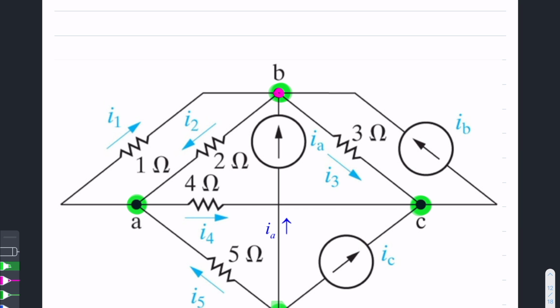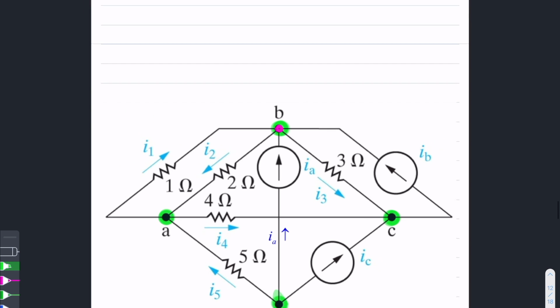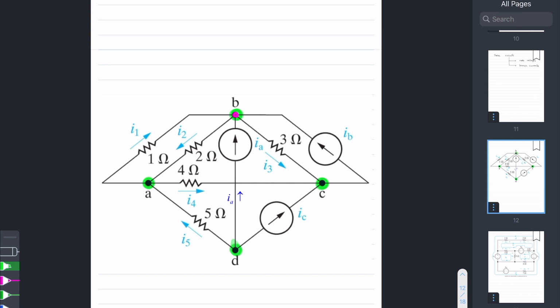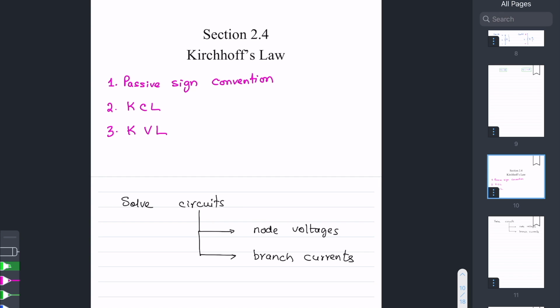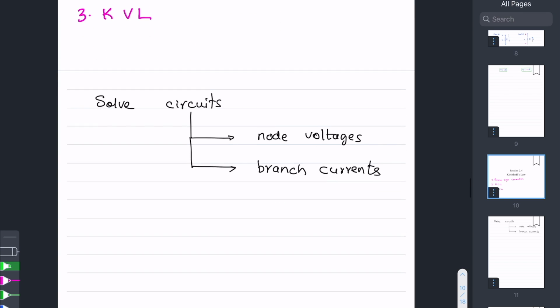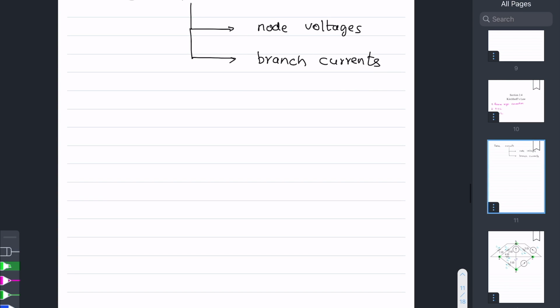That's what it means. Okay, so the two techniques that I'm going to give you, Kirchhoff's current law and Kirchhoff's voltage law, they help us solve the circuit, find the node voltages and branch currents. Typically what we do, and you will see this reinforced when we look at some problems, we often set up a set of equations.